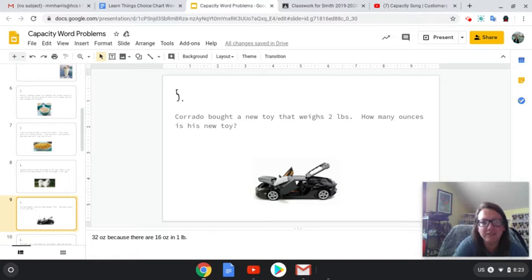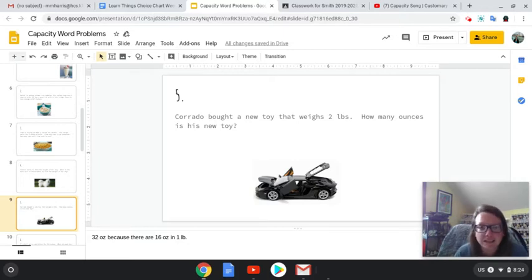Number 5. Corrado bought a new toy that weighs 2 pounds. How many ounces is his new toy? You have to go back into our notes and remember how many ounces equals a pound. Did you say 16 ounces equals 1 pound?